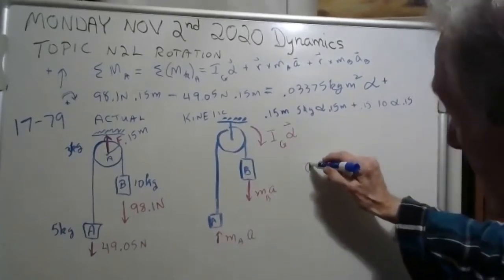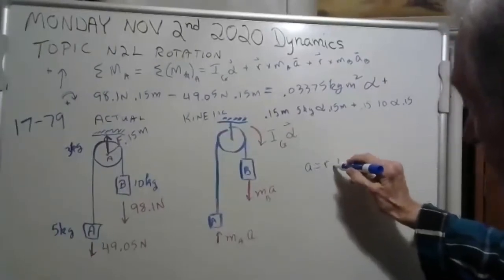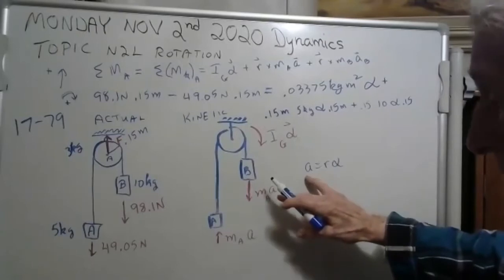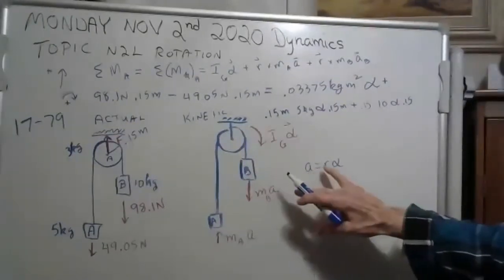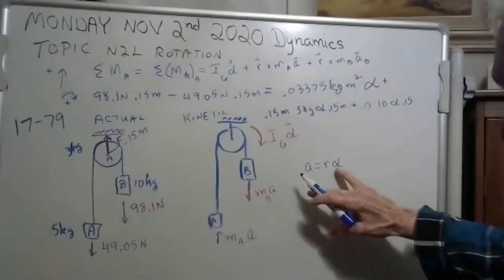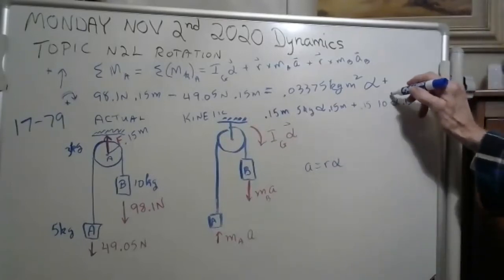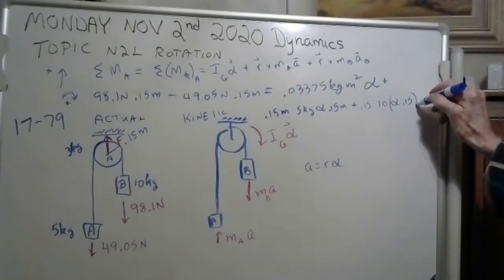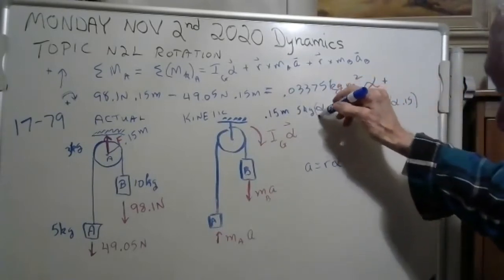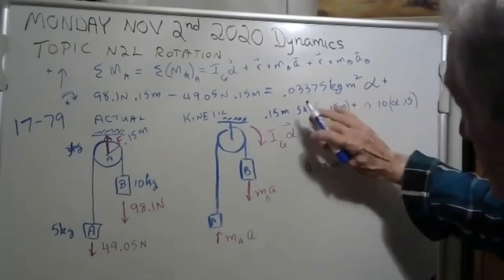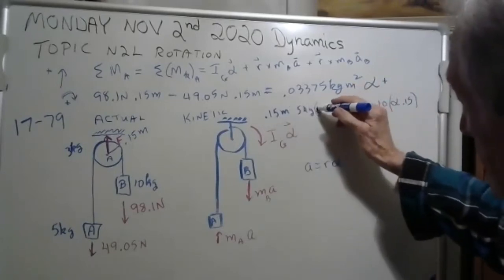Do you remember that A is equal to R alpha? Translational acceleration is equal to R times angular acceleration. That's what I'm doing here. I've got R times your angular acceleration. Can you read my writing? That's supposed to be an alpha. There we go.